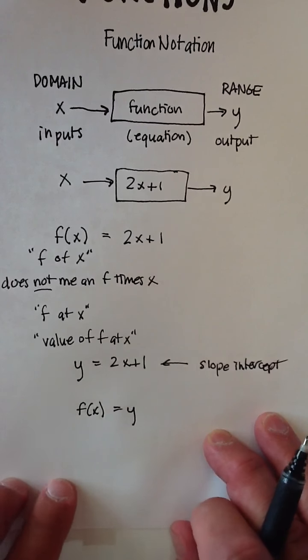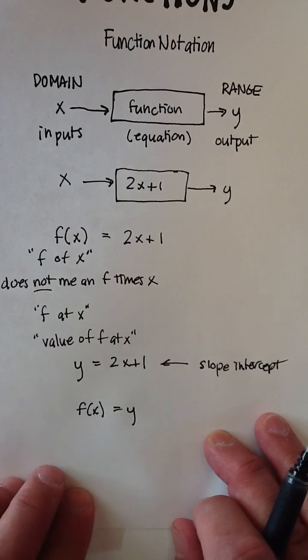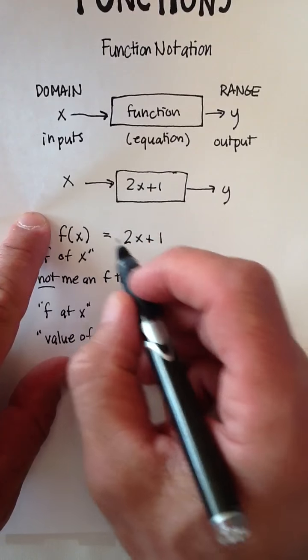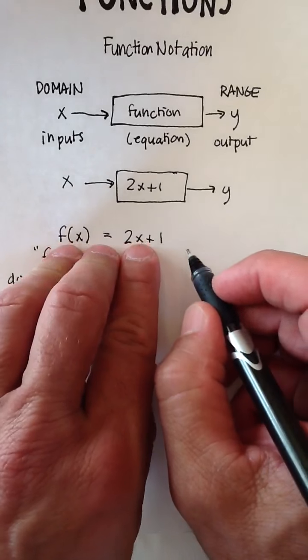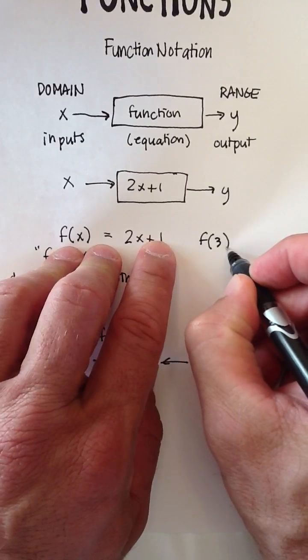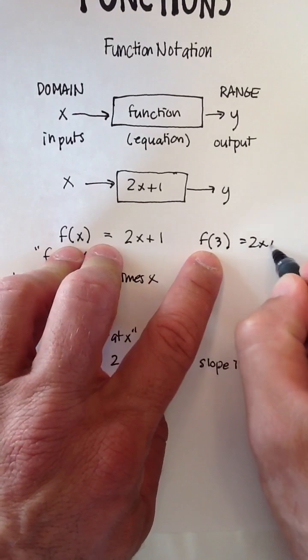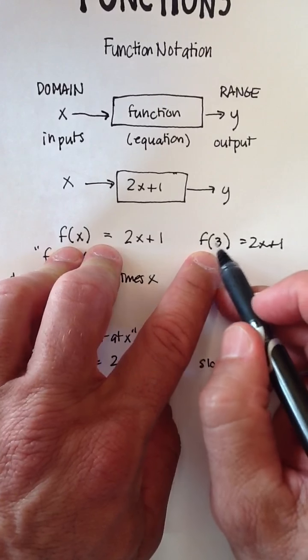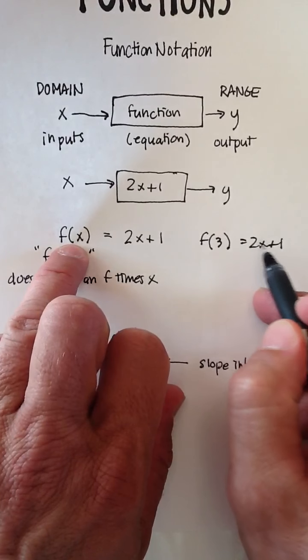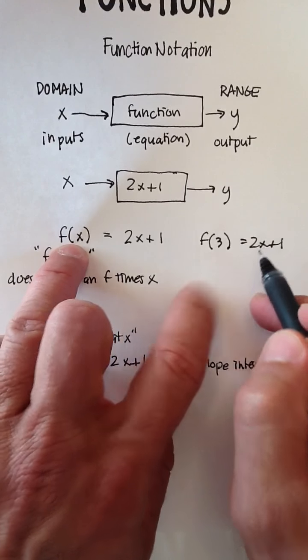And since we know that functions produce ordered pairs, right, an x and a y, so if I were to put, for example, let's use this particular function here, and I'll say the function of 3 is equal to 2x plus 1. What that means is that this input is the x, and I'm going to put it in wherever I see x into the function.